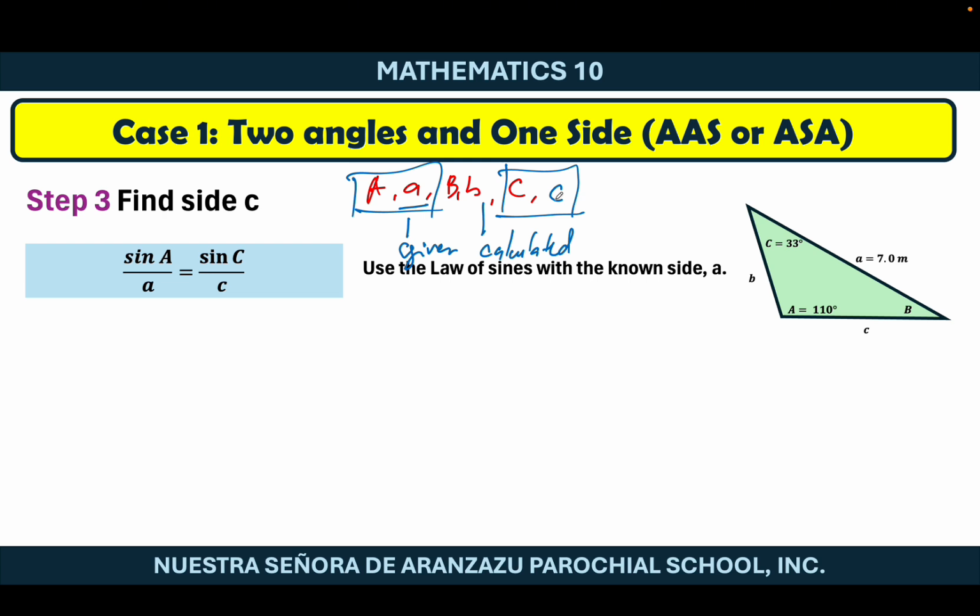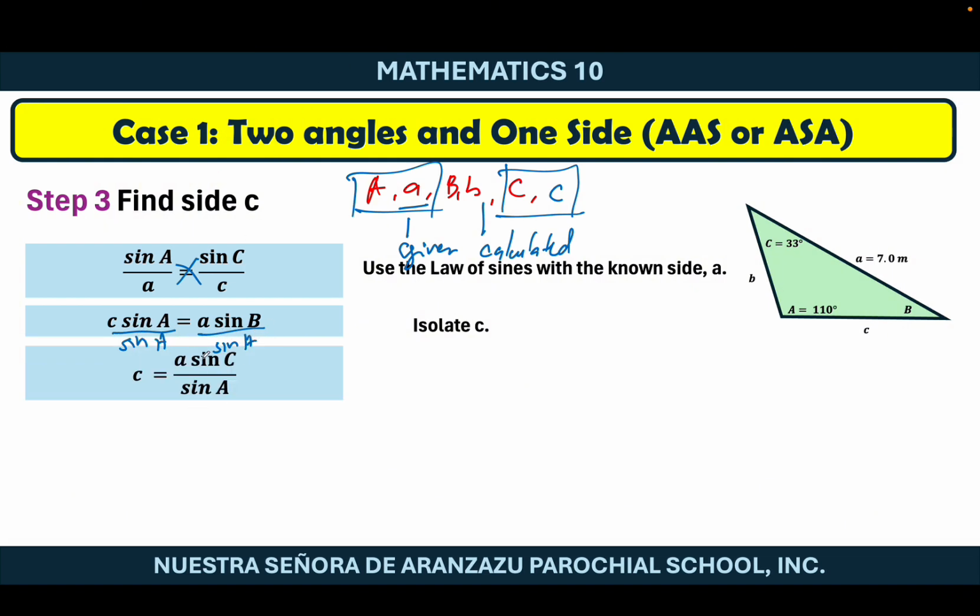Then solve for side c by isolating it. So we cross-multiply again, and then divide both sides by sine A. That will give us c is equal to a sine C over sine A. Using the given, A is 110, C is 33, and a is 7.